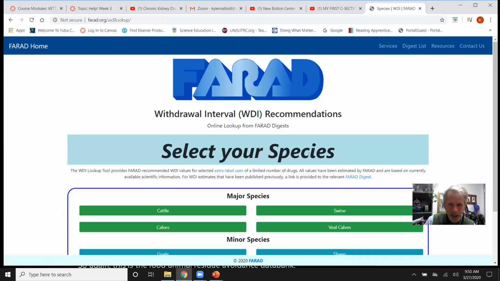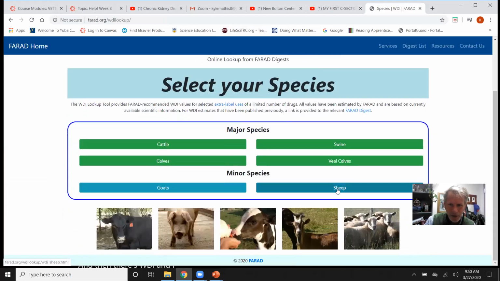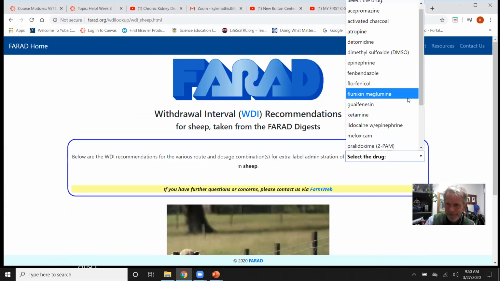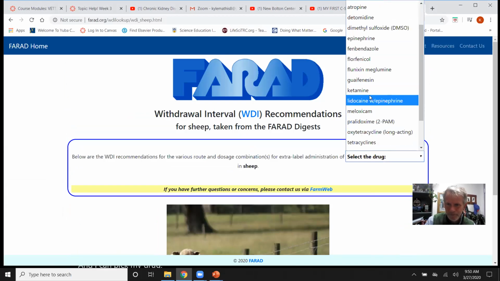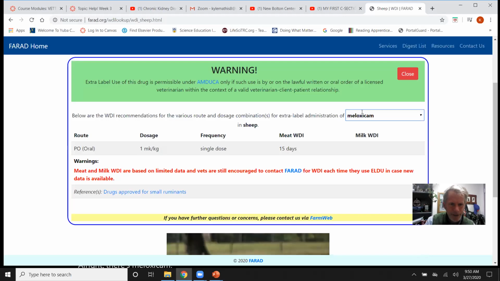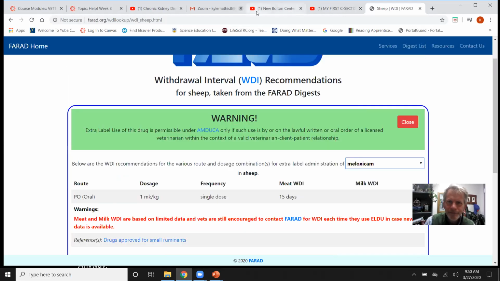There's WDI, and there are different species. I can pick sheep, and I can pick my drug. All right, there's meloxicam. So anyway, sorry about that.